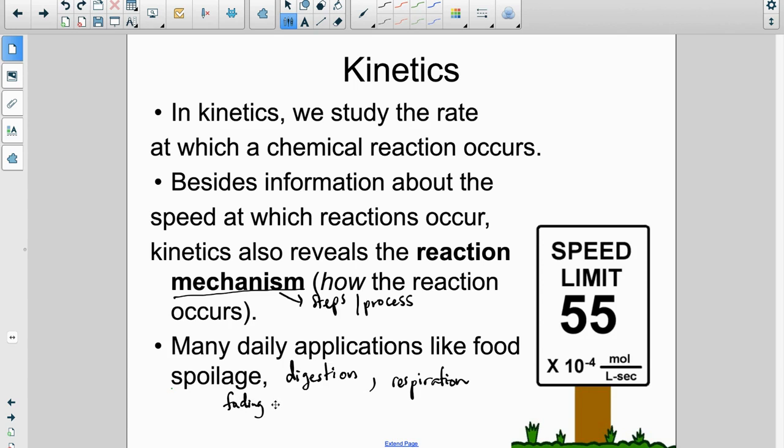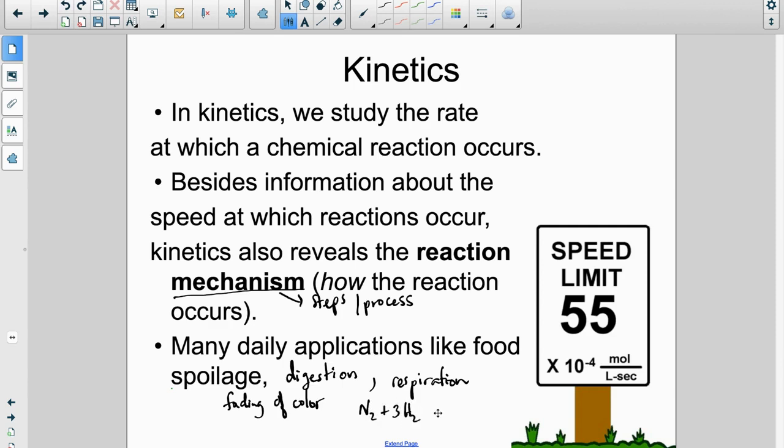People would like to preserve the color, a pigment in a paint or clothing, for as long as possible, and to slow that down is a part of kinetics. Same with food spoilage. You don't want the food to spoil, so you're trying to slow down a reaction, whereas there are some reactions where we want to speed them up, like this reaction here.